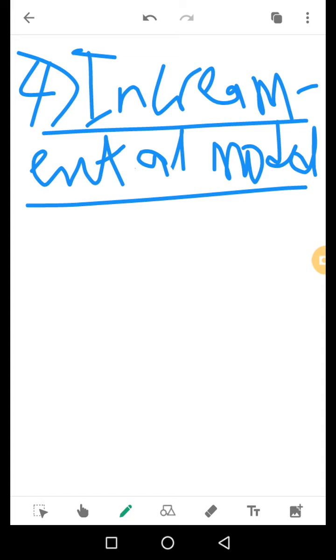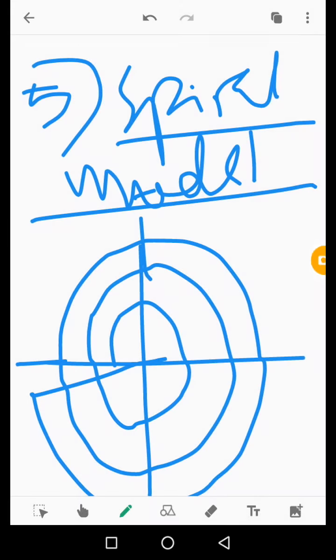Then in the spiral model, the angular component denotes progress, and the radius of the spiral denotes cost. Let me make a sketch of it here. I think you can see the sketch now.